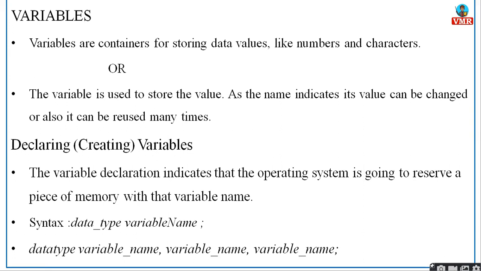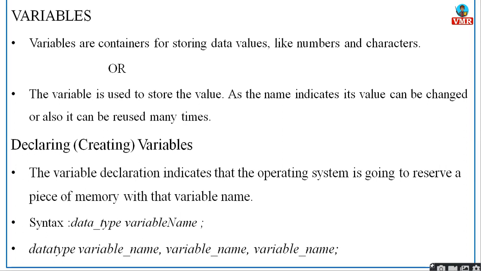Why I was saying name of a memory location is, when you are declaring integer A, right? Generally an integer value is 2 bytes, right? So in the memory, 2 bytes of memory will be allocated for that variable A, right? So now here A is the name of that particular memory block, right? So that was a variable.